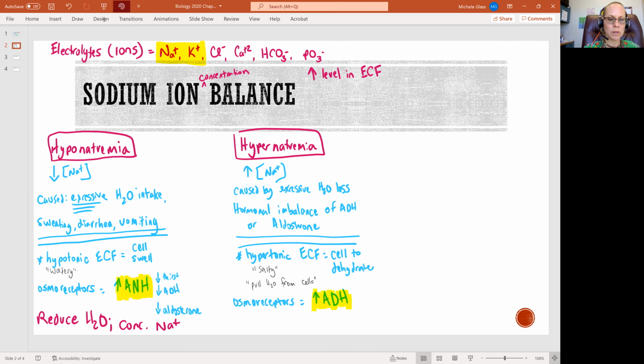And essentially what we see happening is we're going to gain water, and this is going to dilute, or you could say flood, the sodium level.